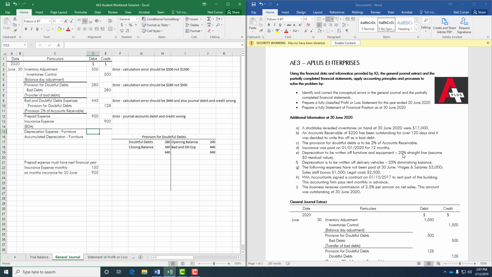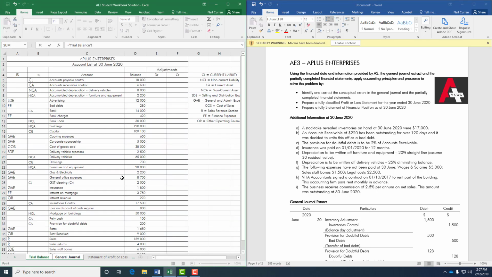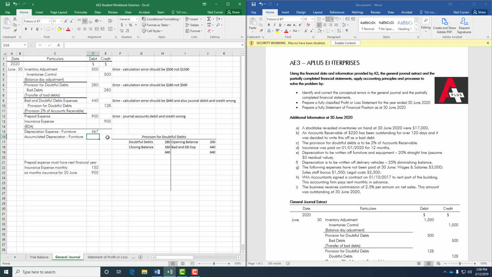Okay, and it's 20% straight line, so we need to get the furniture account, go to how much our furniture is, 28,000, and then times that by 0.2, and then times that by 1 divided by 12 to get a monthly figure. And then we're just going to put a BDA, balance day adjustment, at the end for our narration.